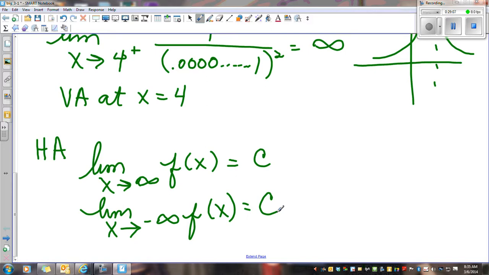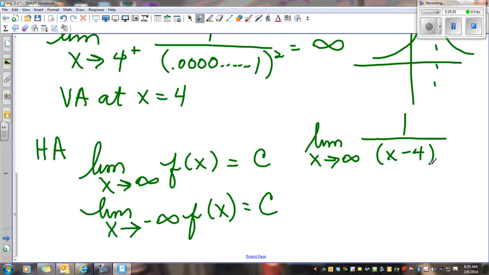So that value c would be the horizontal asymptote. Okay, now, let's go back to this one. What is the limit as x goes to infinity of 1 over x minus 4 squared?